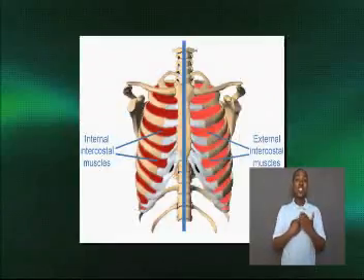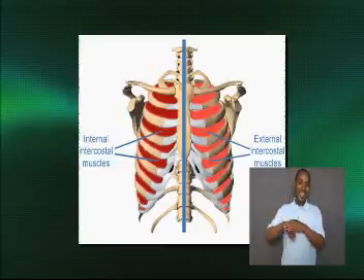Now that there is the same amount of gas in a bigger space, the pressure inside the chest drops. In other words, the pressure inside the chest is lower than the pressure outside, and as a result, air moves into the lungs.